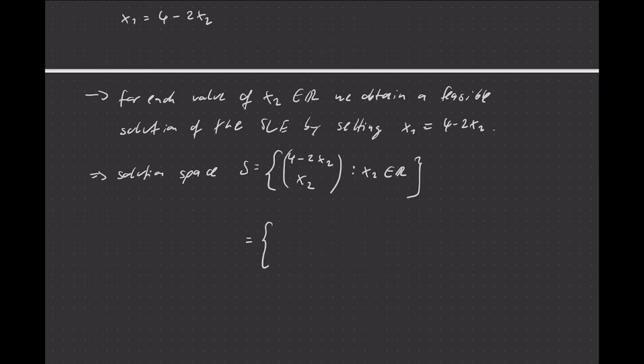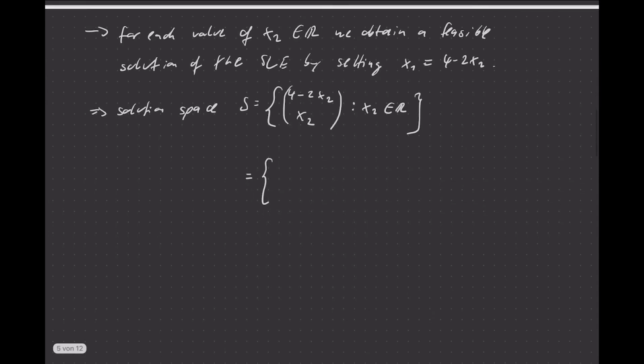We could also write this down. We'll usually do this later on by separating the constant parts and the x2 dependent parts of that solution space. The constant part here is 4 in the first coordinate. The second one doesn't have a constant part, so we just write 0.